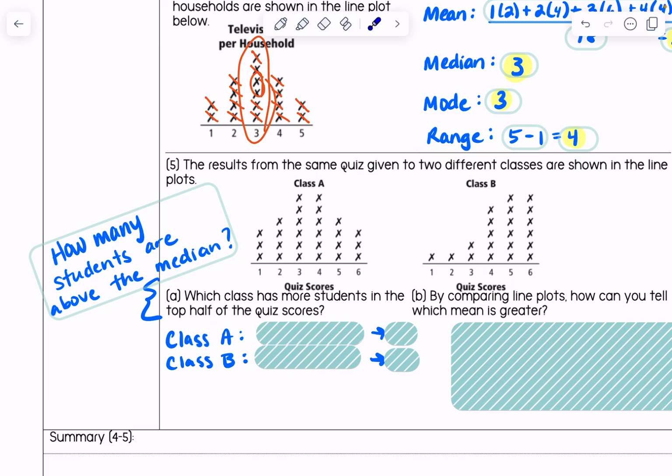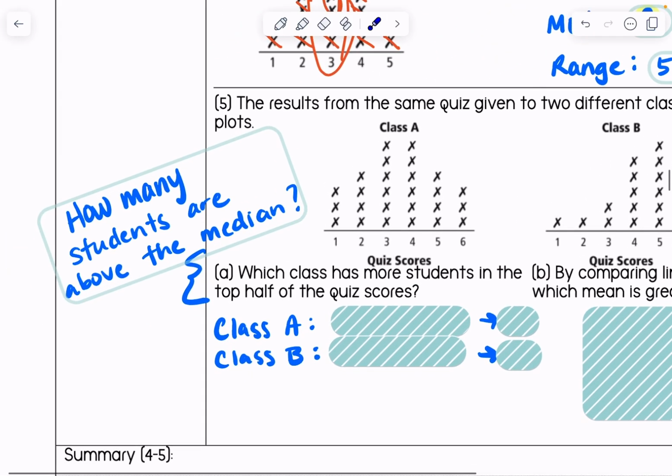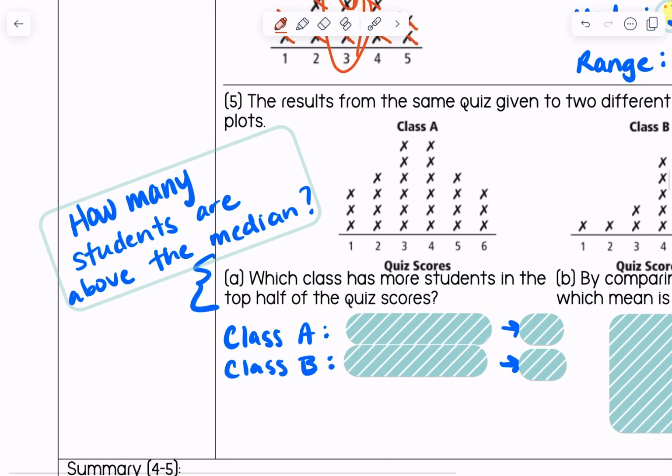So let's try to find the median first for class A. I'm going to cross off one at a time. I'm left over with one data point of 3 and one data point of 4. So that means I'm going to have to take the average of 3 and 4, which is 3.5.